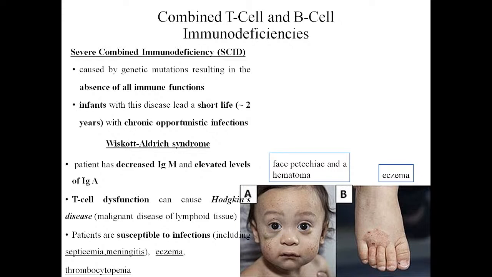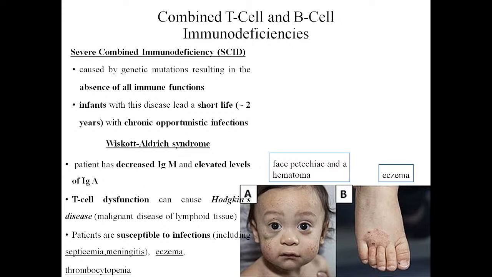Firstly, let's talk about the first one, severe combined immunodeficiency. It is caused by genetic mutations resulting in the full absence of all immune functions. There are no T cells, B cells, complement, phagocytes. All immune mechanisms are defective.